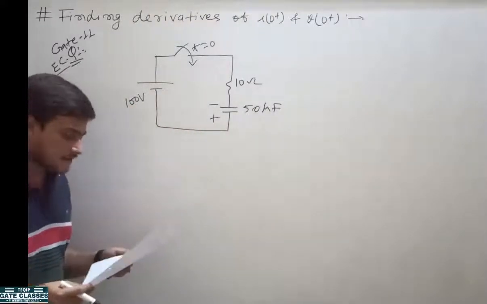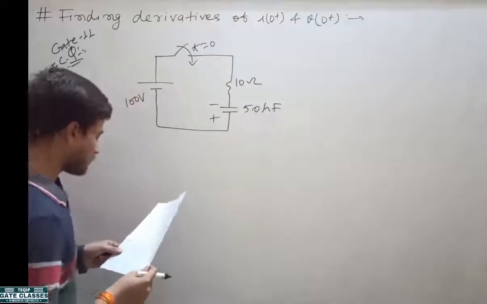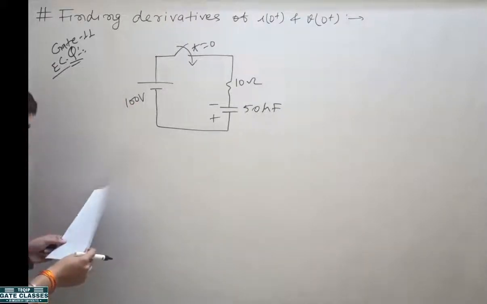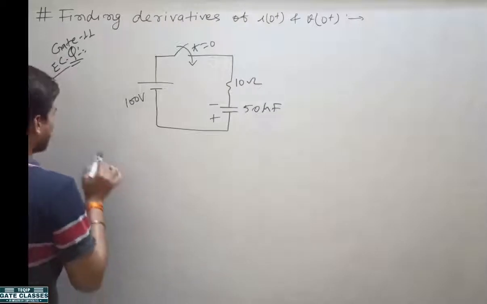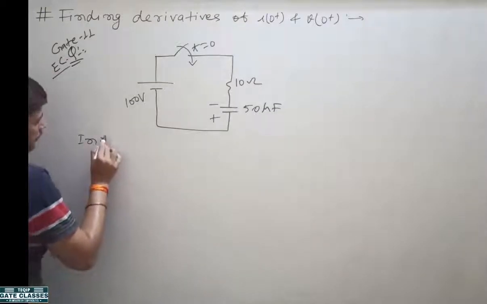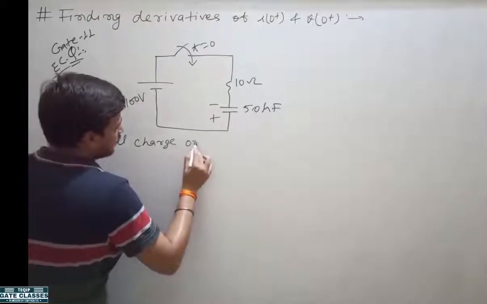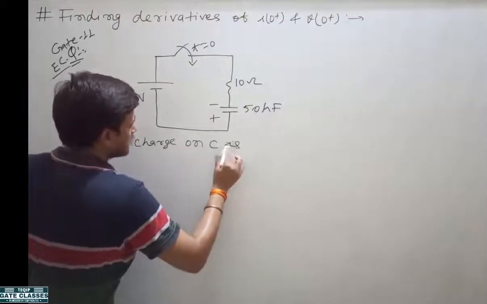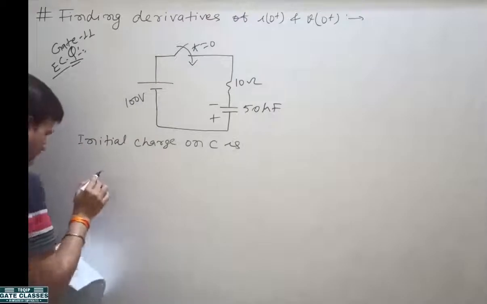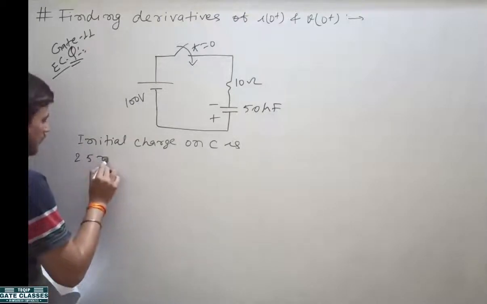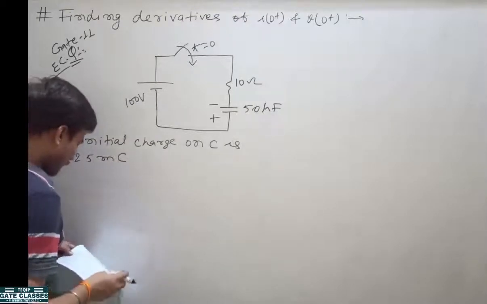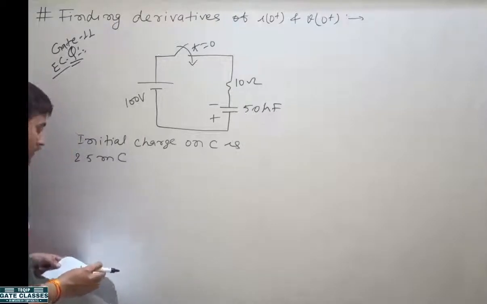It is given that the initial charge on the capacitor is 2.5 millicoulomb, with the voltage polarity as indicated.